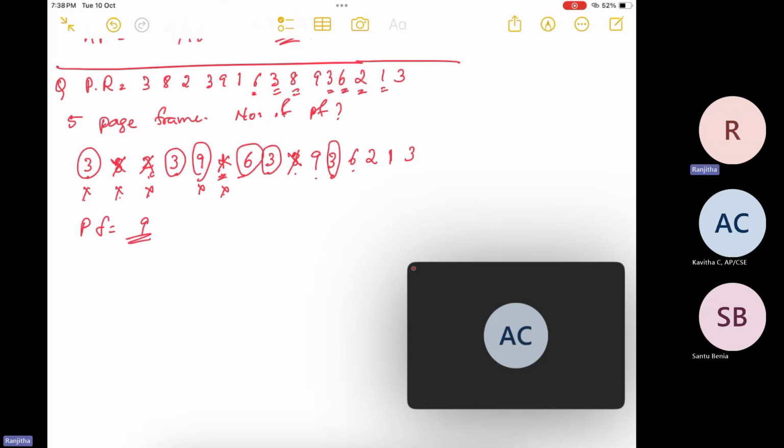So here again, if you want to compute the miss ratio, it will be 9 by 15, as there are 15 references. And the hit ratio will be 6 by 15. Okay, so that's about LRU page replacement.